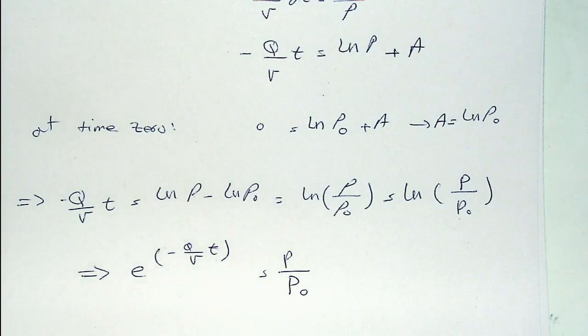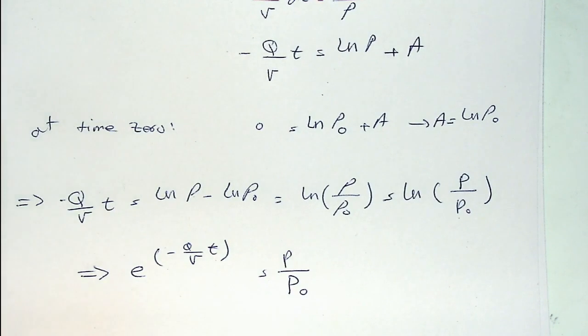So the second part is asking me, okay, now if the pressure is equal to 1 kilopascal, initially it was 100 kilopascal, now it's down to 1 kilopascal. What's the time?